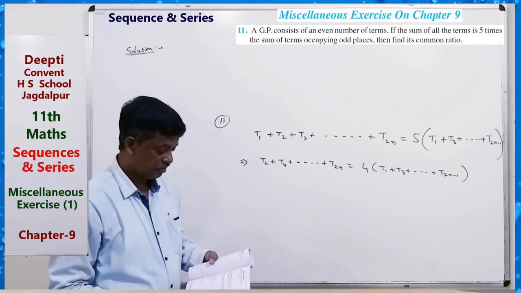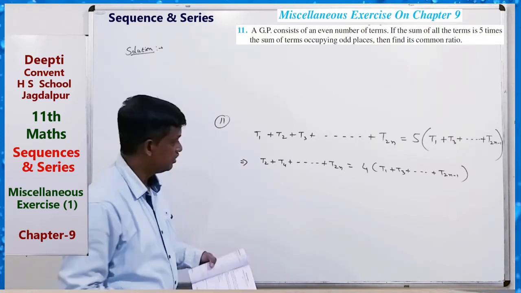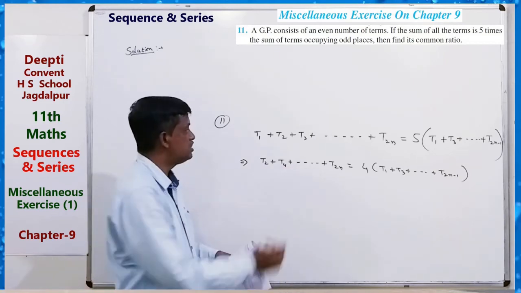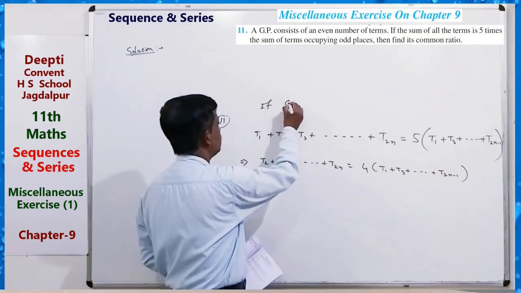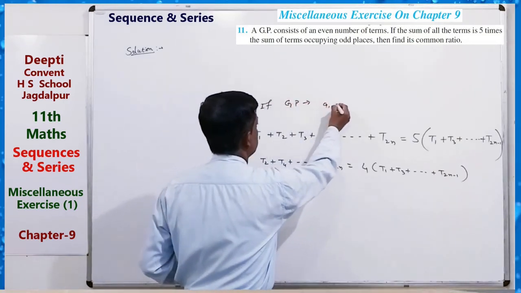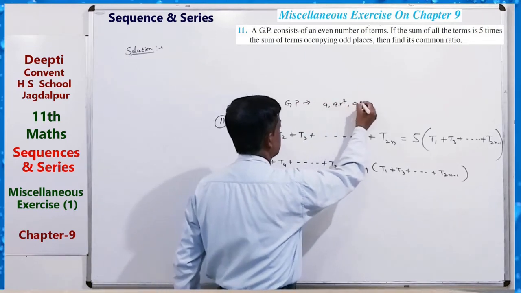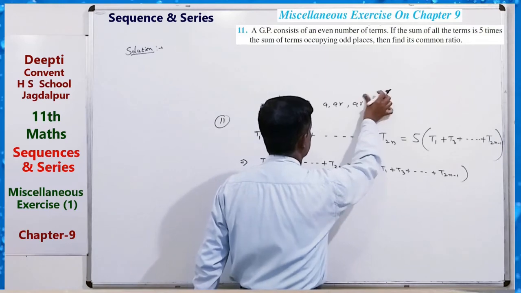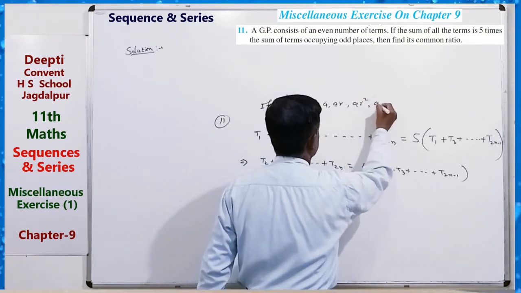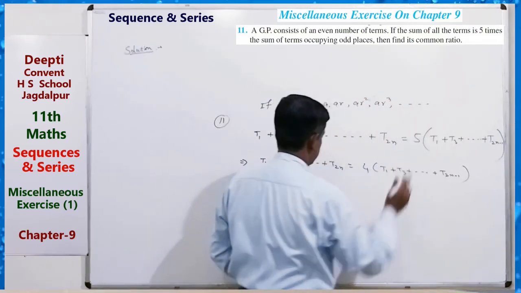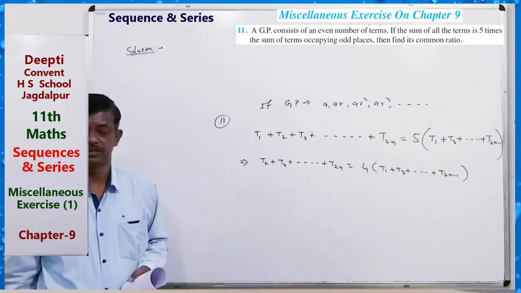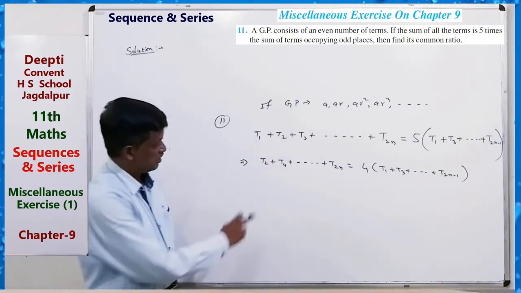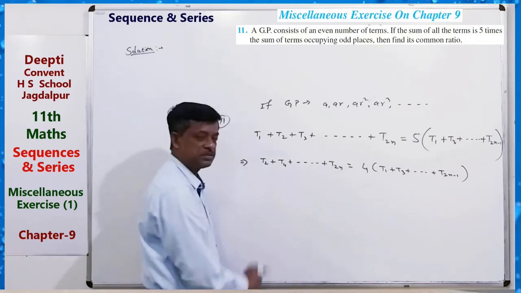So how can we solve it? If the GP is a, ar, ar square, ar cube, and so on, this type of terms, then n terms are there.